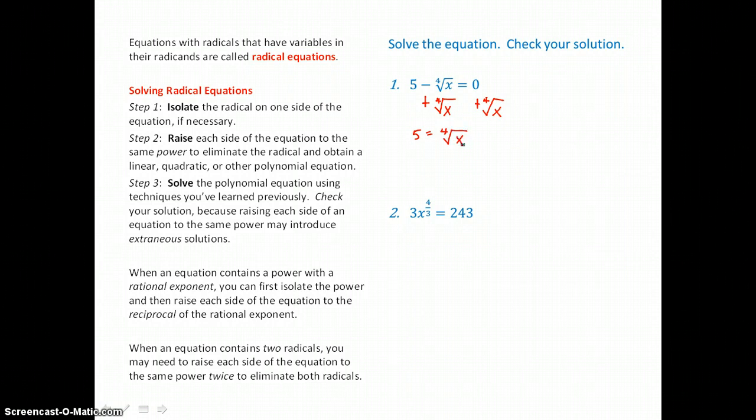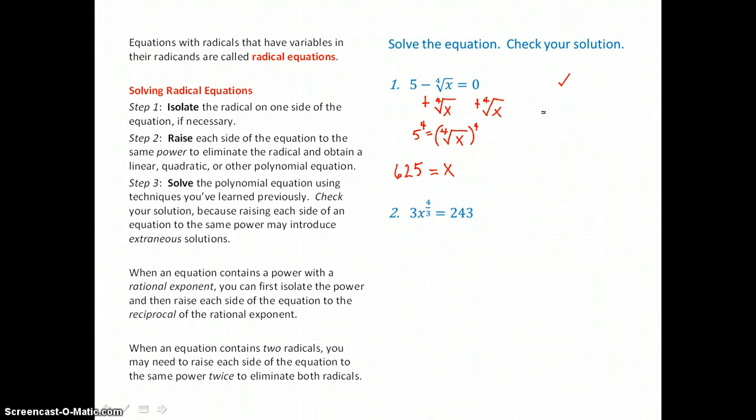And now I need to get rid of the radical, and to get rid of the radical I have to raise both sides of this equation to the fourth power, because this radical times itself 4 times is just going to be x. And on this side I have 5 to the fourth power, which is 625. So the solution that I'm getting is x is equal to 625.